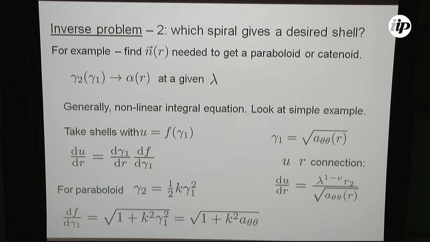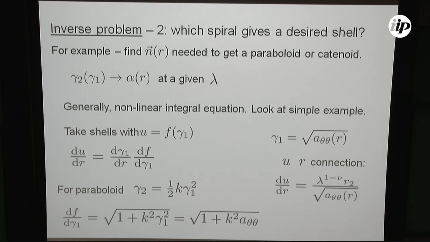And I can take an example where, for instance, a paraboloid, which is written like this, then it's easy to show that df by d gamma 1 for a paraboloid is just this, where f, you recall, was what connects gamma 1 to the parametric parameter.